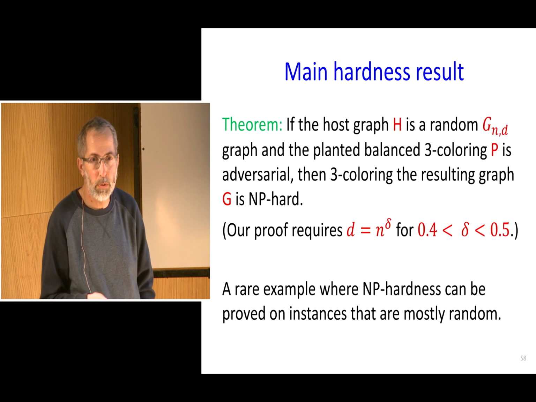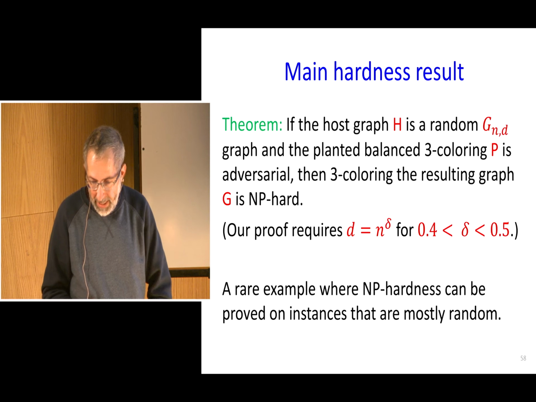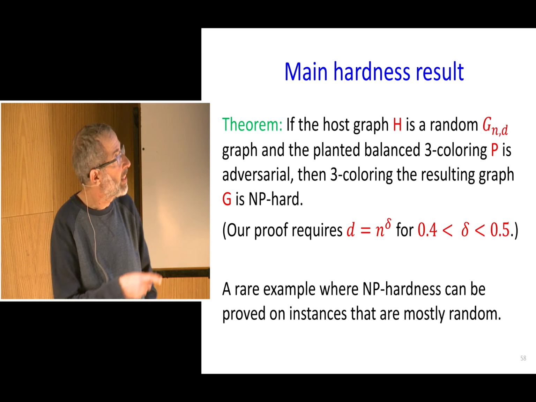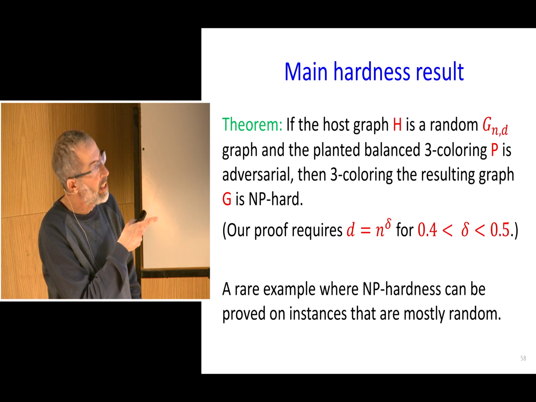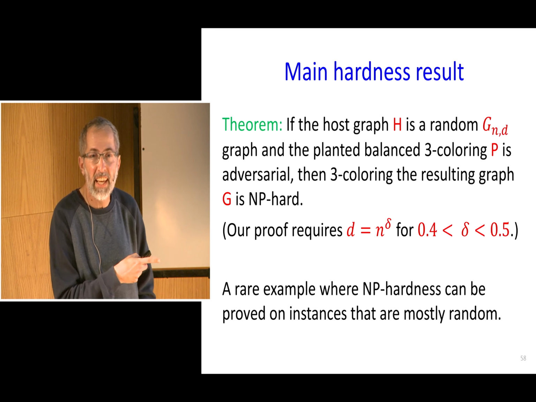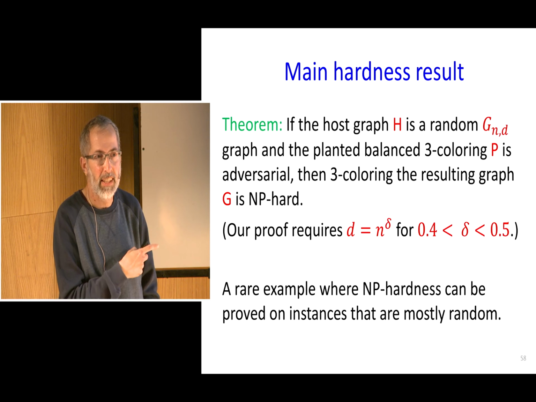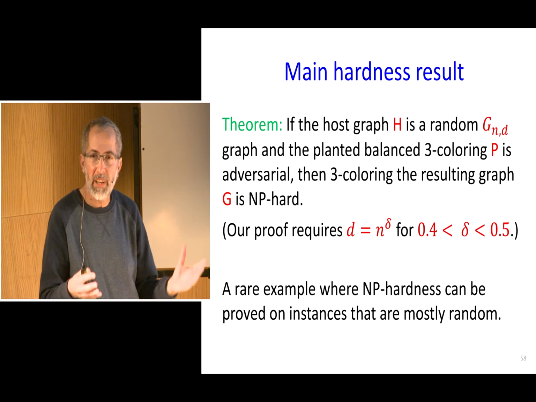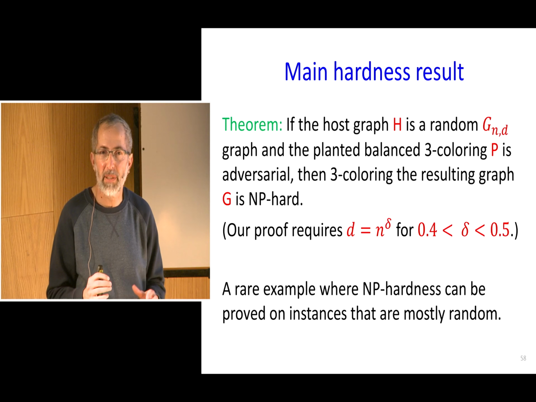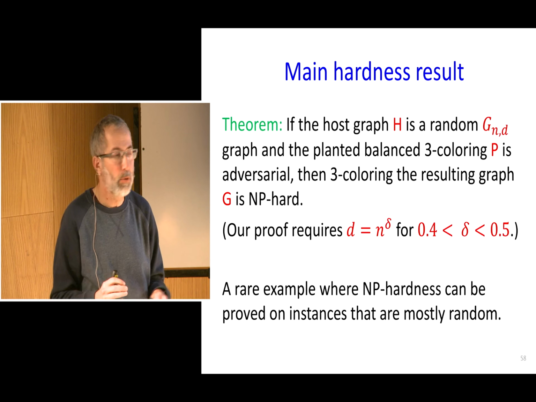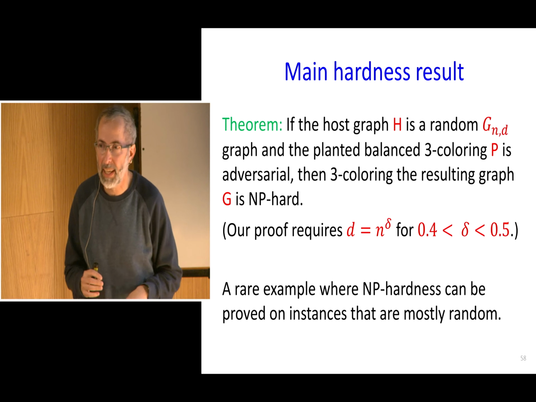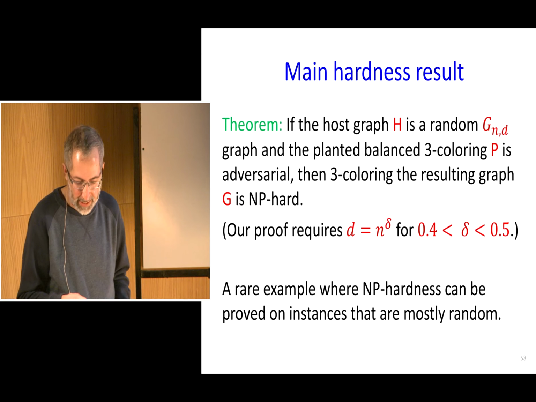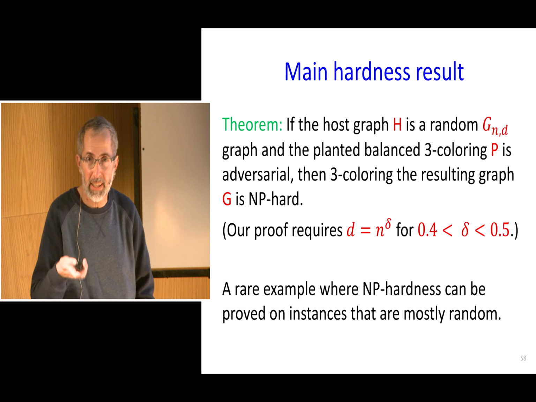So the reduction would not work. In fact, it's not really the issue of our reduction not working. If the degree is larger than n to the 2/3, we actually have an algorithm that colors graphs in this model, where you start from a random graph and an adversary plants in it a 3-coloring. We can actually color them in polynomial time. So there's a real reason why this reduction cannot work at high degrees.